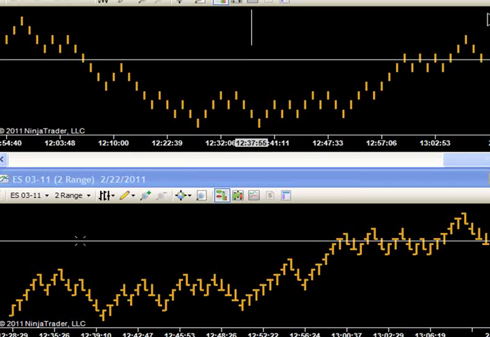So obviously an equity is easier to trade if it's more trendy than it is random. So relatively speaking, RENKO bars certainly appear to be easier to trade and more trendy than the random range bars.